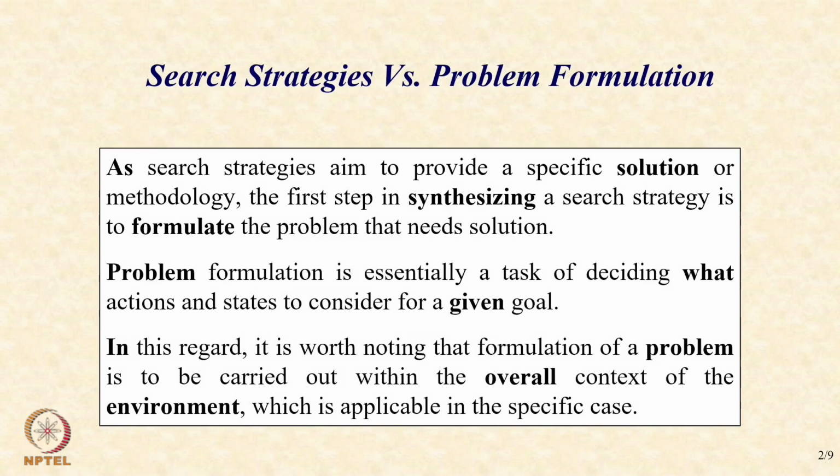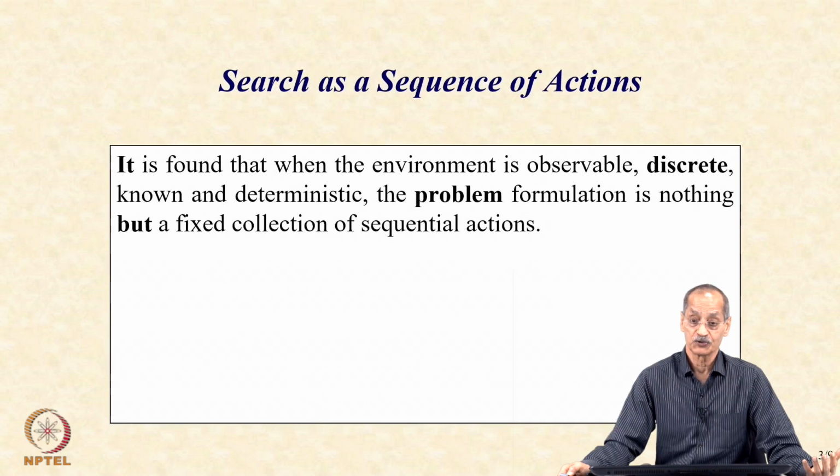This part we have discussed, I just thought I would refresh your memory. Of course, as we have also seen, environments can be of various types. So, let us first take it as a reasonably simple and idealistic environment which we assume is observable, discrete, known, deterministic and episodic.